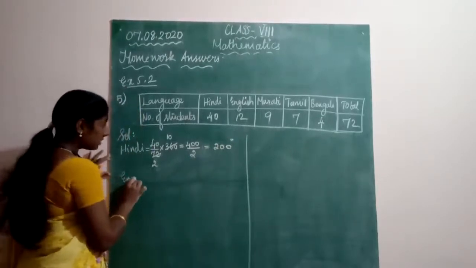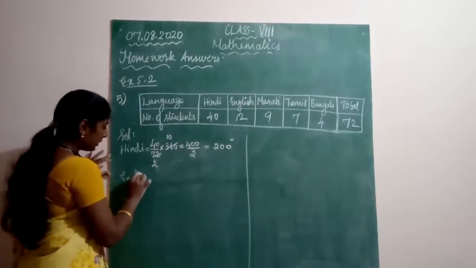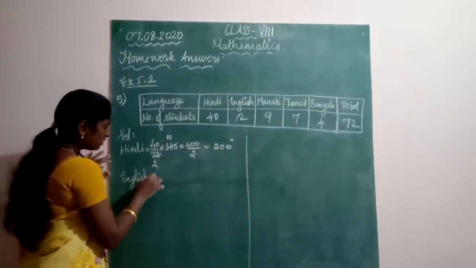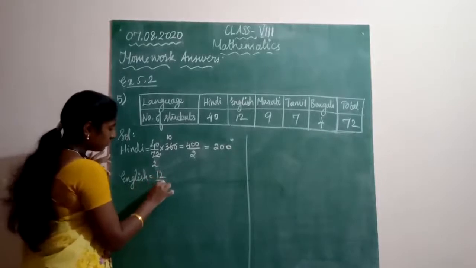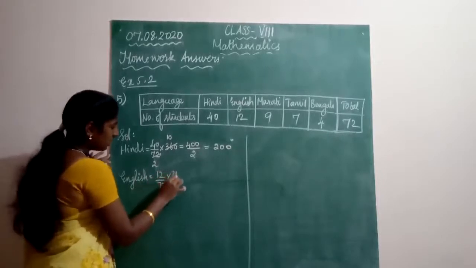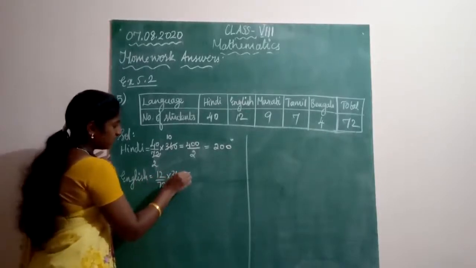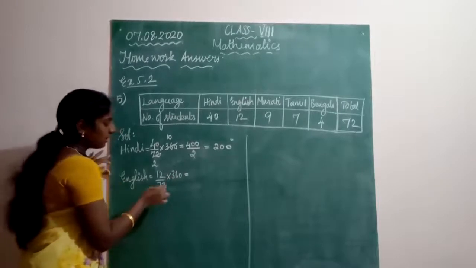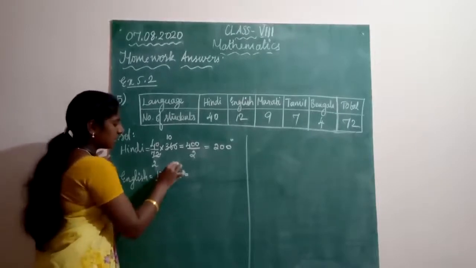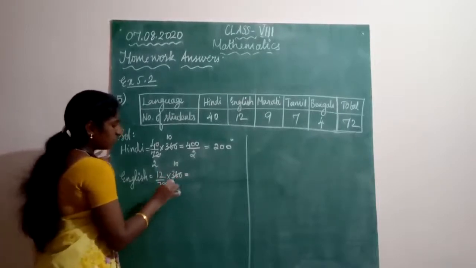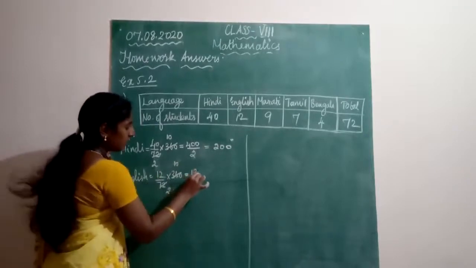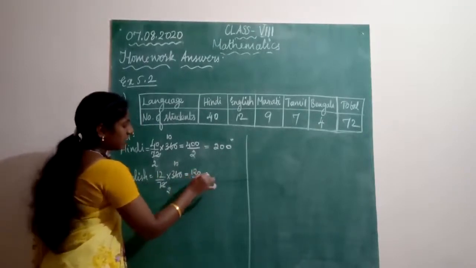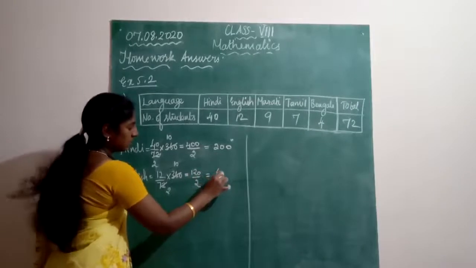Next is English. For English it is 12. Okay, so 12 by 72 into 360. Okay, so here I can write this as 10 2. Okay, so 12 into 10 is 120 divided by 2, that is nothing but 60 degree.